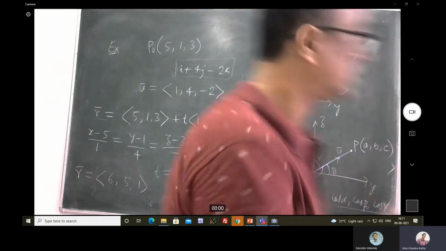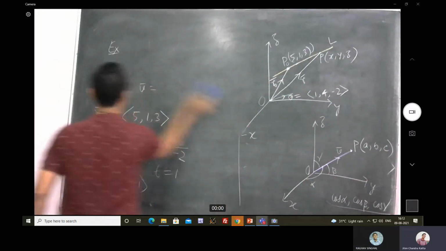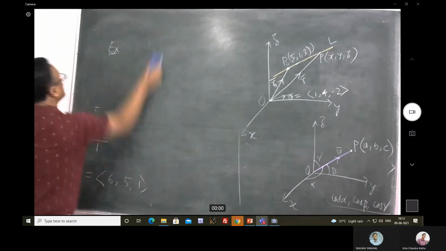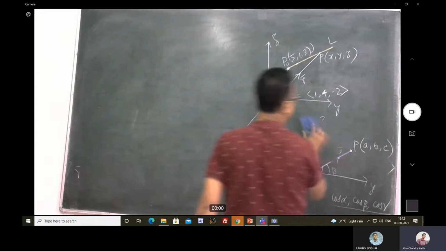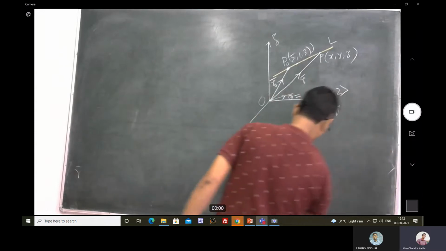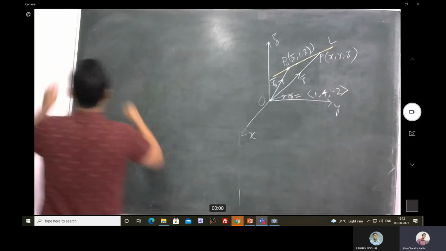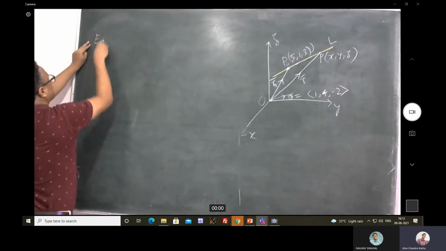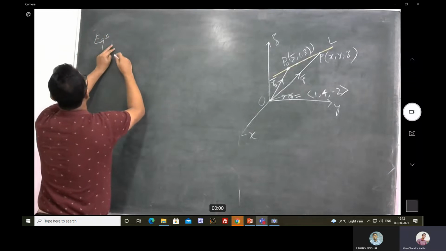So now what I'm going to do is take this vector equation first, and then we can convert it into symmetric and parametric form.